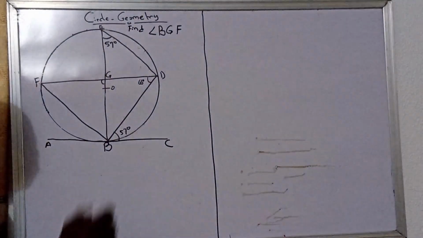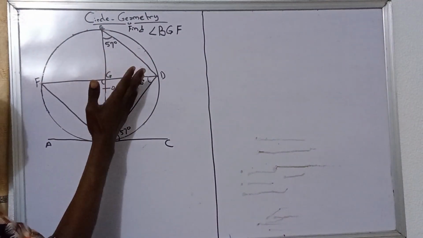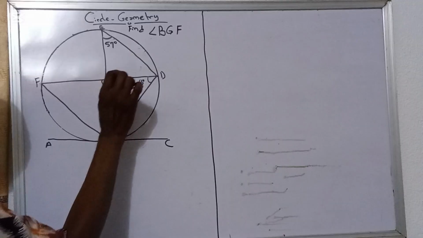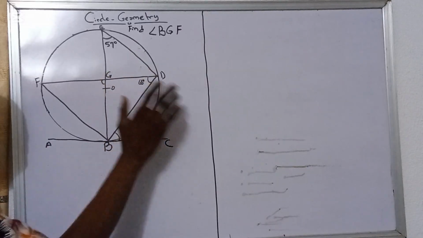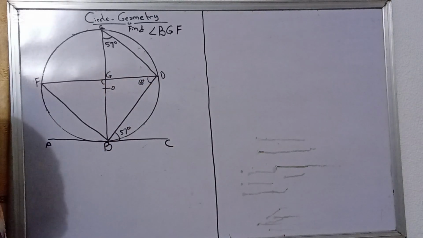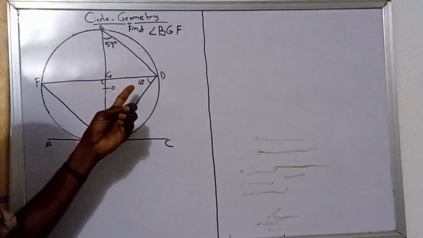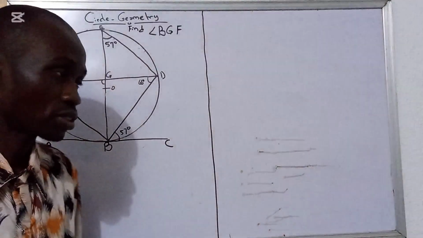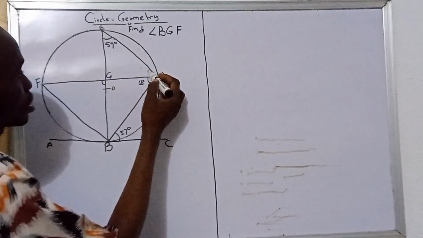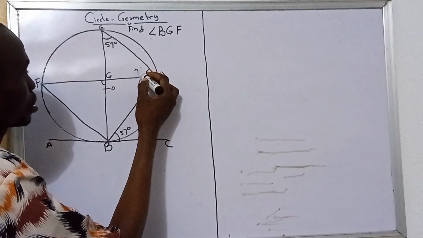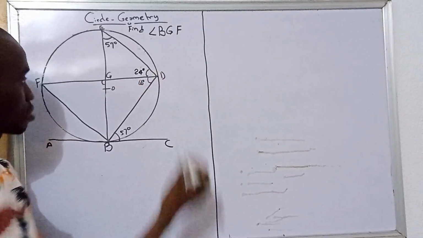So out of 90, we have gotten 66. What's left? Last video we said 24 is left, 24 degrees.